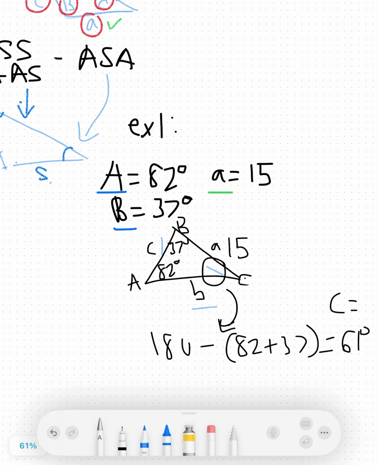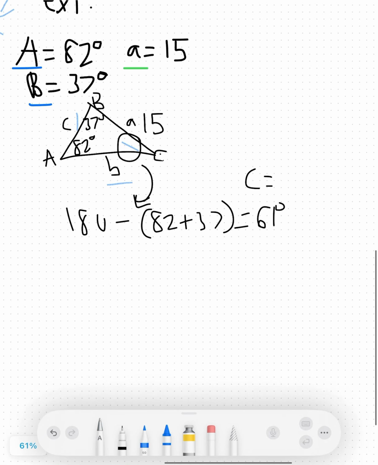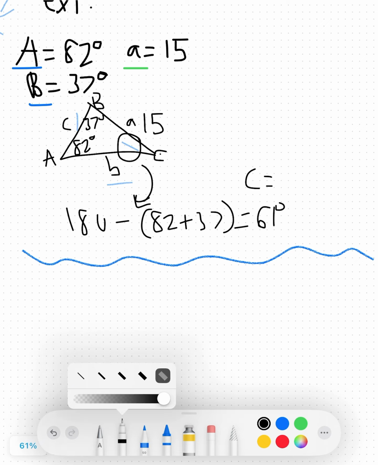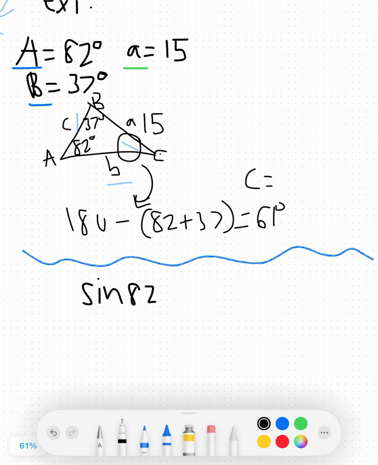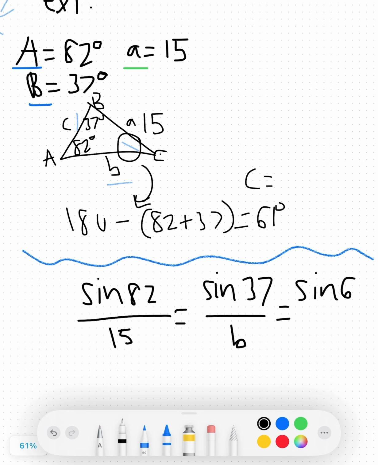All we have to find is b and c. And this is where our equation comes into play. So let's set this up. Put a little line here. So it would mean that sine of 82 over 15 is equal to sine of 37 over b, which is equal to sine of 61 over c.